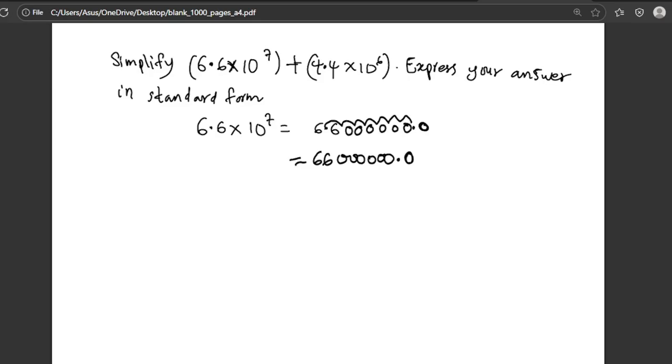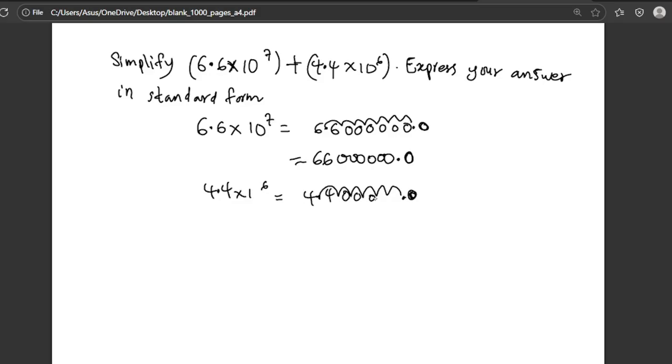The second one is 4.4 times 10 to the power 6. Starting from 4.4, move the decimal point to the right 6 times: 1, 2, 3, 4, 5, 6. Then fill the empty places with zeros.